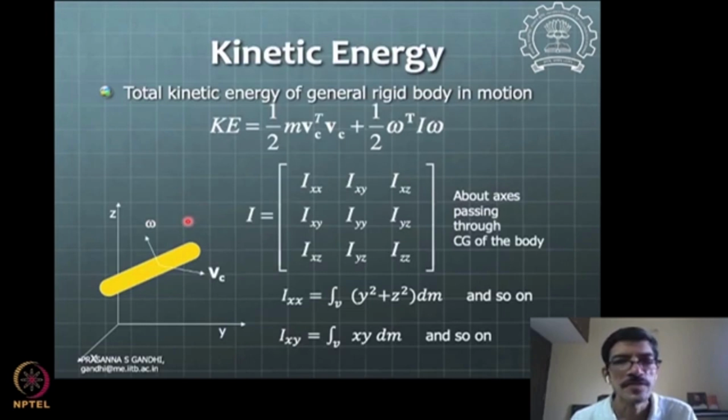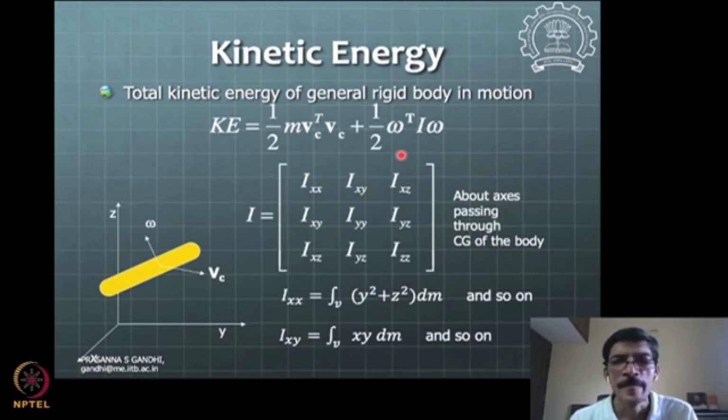Potential energy, based on some reference, one can define in terms of these different generalized coordinates. We'll see how this definition of kinetic energy can finally be expressed in terms of generalized coordinates and so on and so forth. And then we can do some generalization in the later part of this lecture or maybe the next lecture.